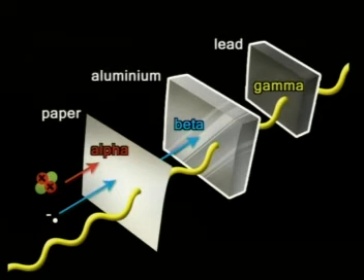Then the gamma ray, which isn't charged at all and is very high energy, typically makes it quite far through matter. If you wanted to stop a gamma ray, you'd need thick lead, on the order of, say, 3 inches or so. But even then, the gamma ray can still knock electrons out of the lead that come out the other side.